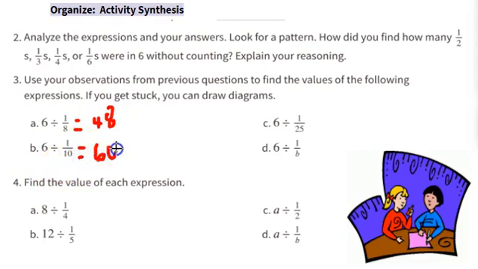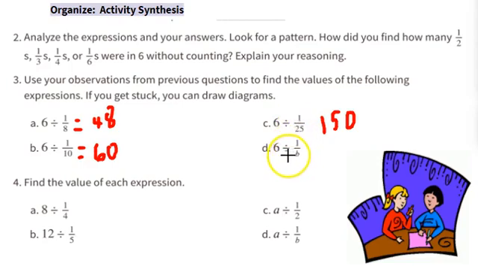Yeah, 60, right? 10 1/10s in one whole, so there are 60. How about 1/25ths in 6? Yeah, 150, right? Because there are 25 in 1, so 6 times 25 is 150.